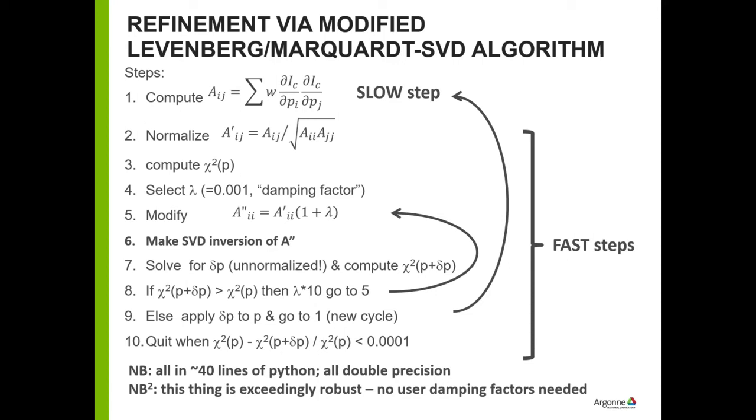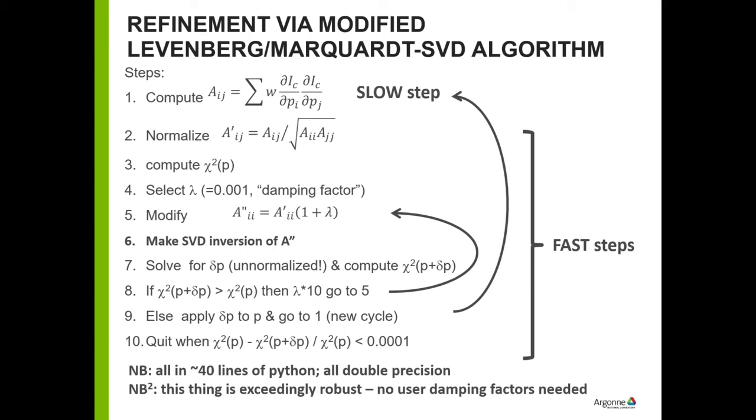So what we do is we simply normalize it by dividing each term by its corresponding square root of the diagonal. That means the diagonal terms are all 1, and everything else on the sides is some small fraction of that. And that matrix is really easy to invert. You don't run into rounding errors.